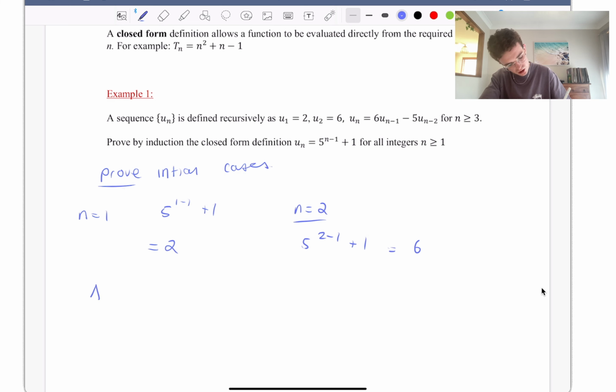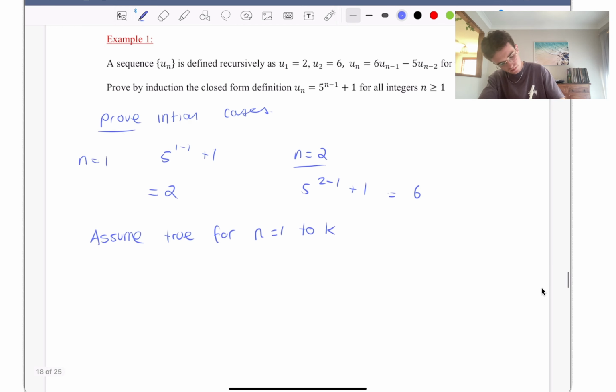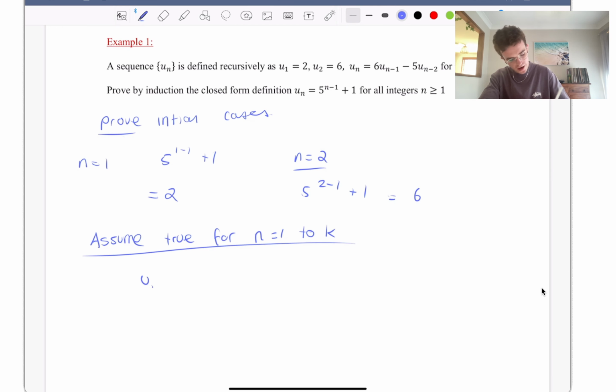Next, we're going to assume true, not for n is k, but for n is 1 through to k. So we're going to say u1 is equal to 5^(1 minus 1) plus 1. u2 is 5^(2 minus 1) plus 1.